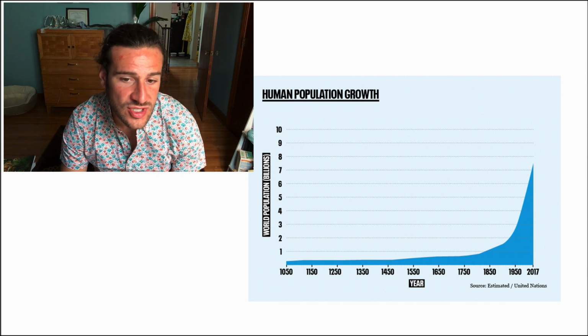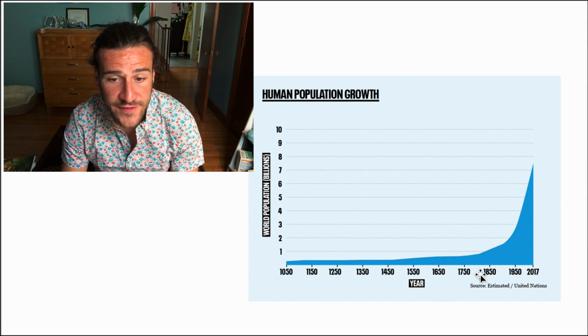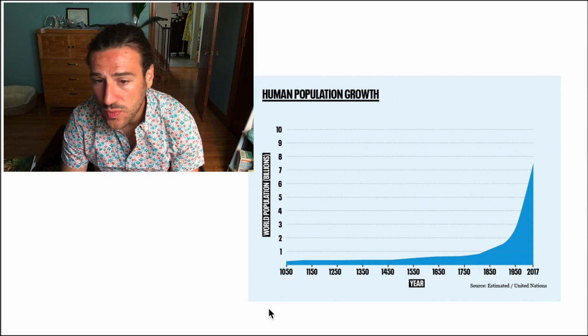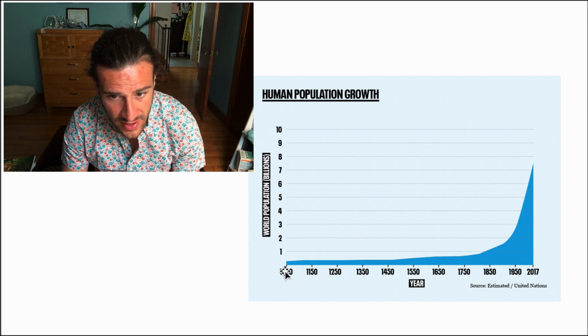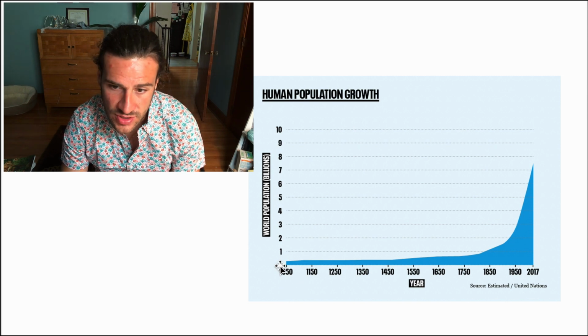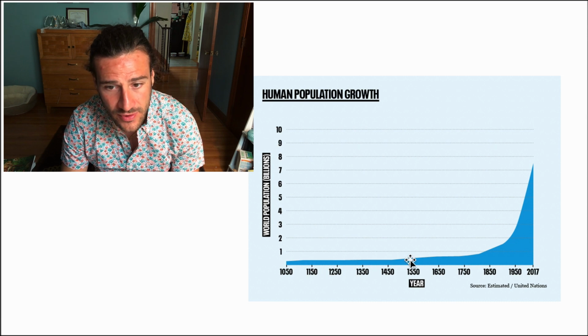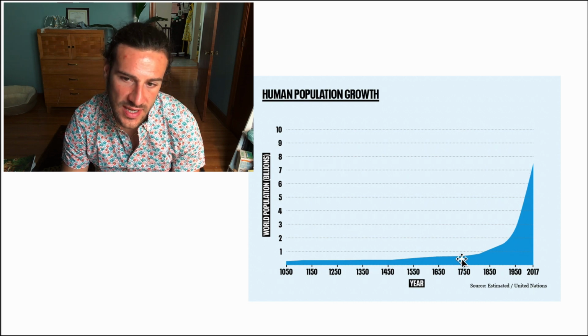So now if we zoom even further out, we're starting in the year 1050, and you can see human population is pretty much steady throughout the world, and then it turns exponential, right? So we have the steady population growth, and then as we approach 1850, we have this exponential growth.